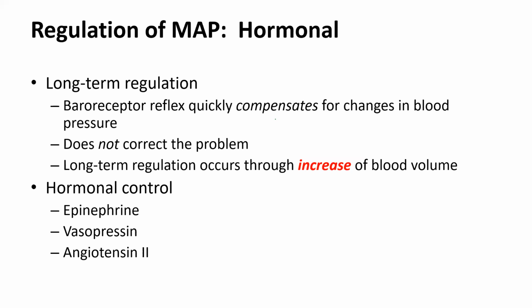And so the kidneys will come in here in more of a long-term role and increase our blood volume by holding on to more water, and that will actually fix the problem instead of just compensating for it temporarily. The hormones that play a role in that long-term regulation are epinephrine, vasopressin, which is also called ADH or antidiuretic hormone, as well as angiotensin II, some of our hormones that act on our kidneys.